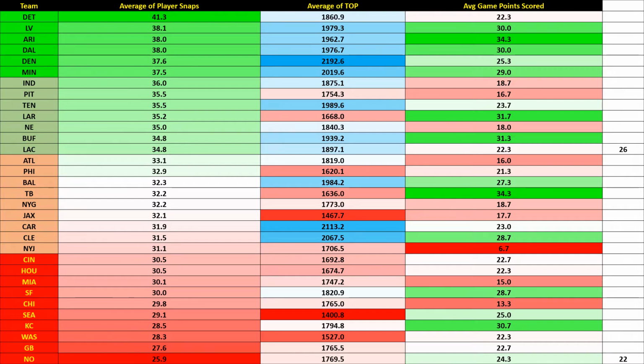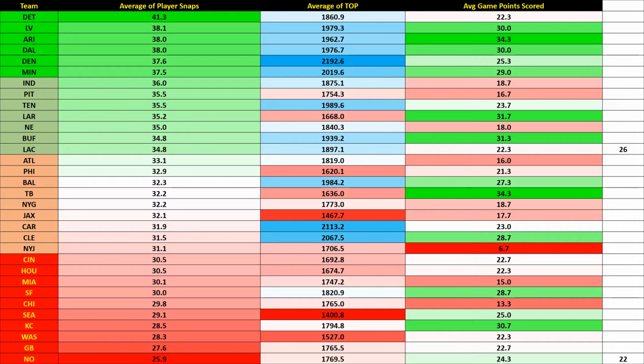So right away, looking at the information, you can kind of see what kind of activity each team is having. Usually activity goes with scoring points, not all the time.